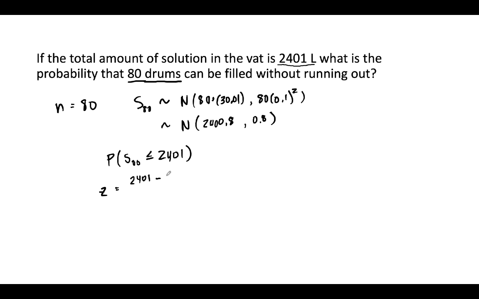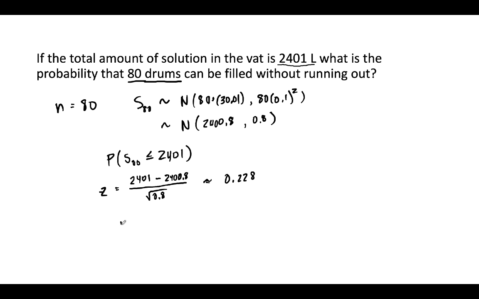Okay, let me fill in my mean here, 2400.8 over, when we're filling in the standard deviation, if I'm using this variance form like I am here, I need to take this little step here, and let's go to our calculators. My calculator is telling me that this gives me a z-score of approximately 0.228.